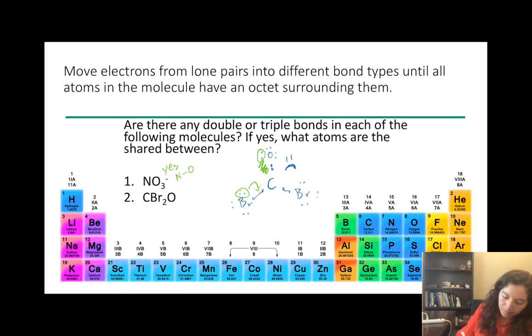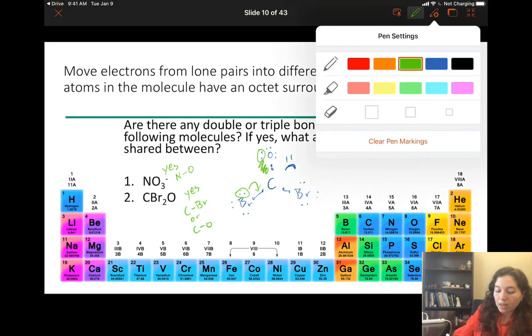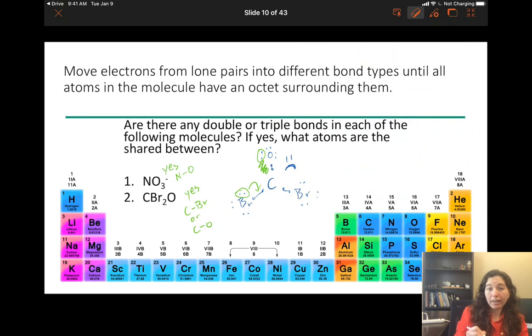Either one is fine. So your answer for this is yes, there is a double bond, and it can be between carbon and bromine or carbon and oxygen. Either one is fine for what you have learned so far. This will not be true in later videos.